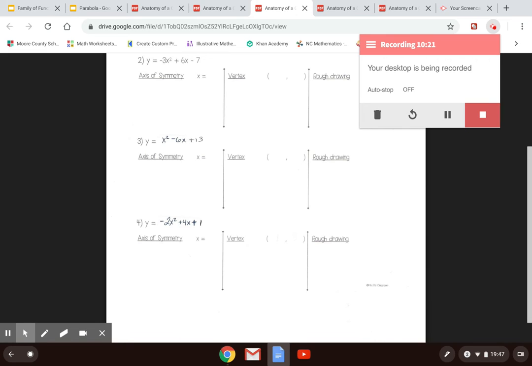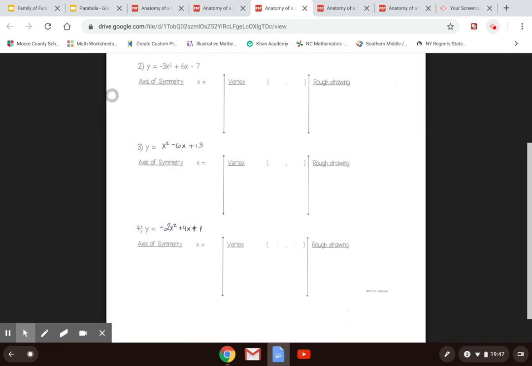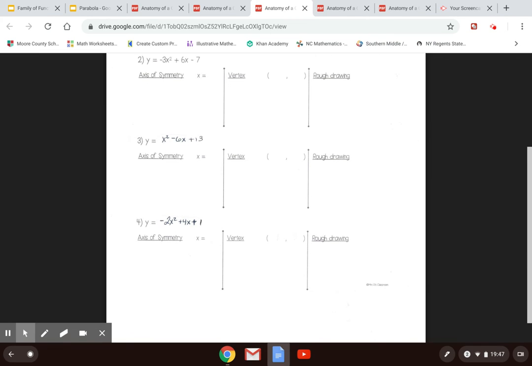All right, so for number 2, so I'm starting with finding my axis of symmetry, which was my value for x. So I use the same formula or equation that I did before, which is going to be x equals negative b over 2a.